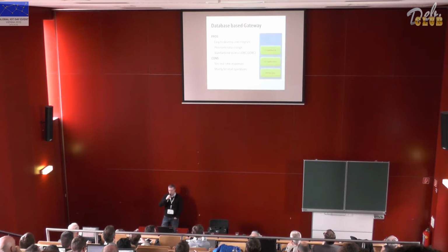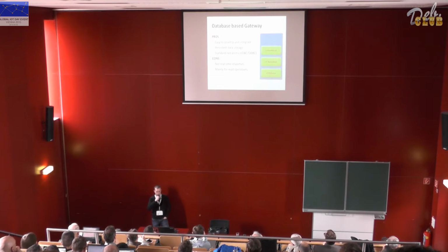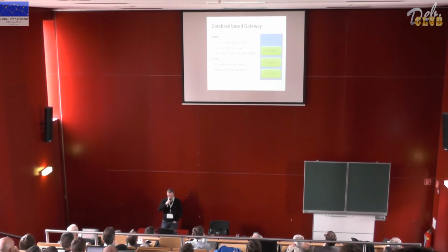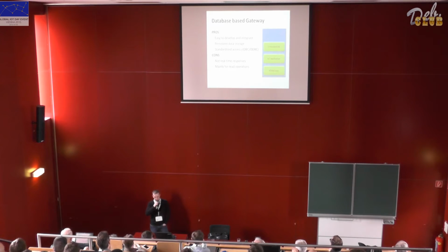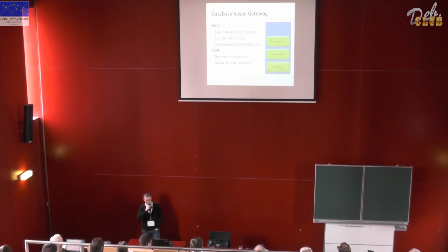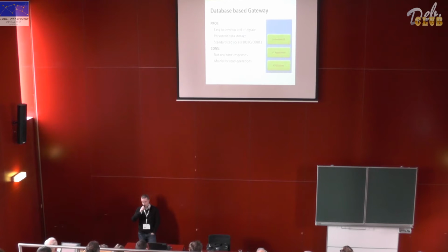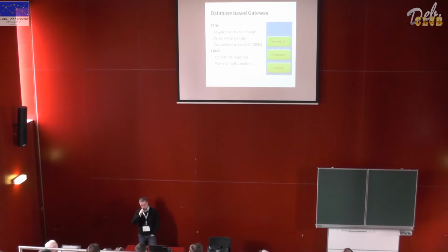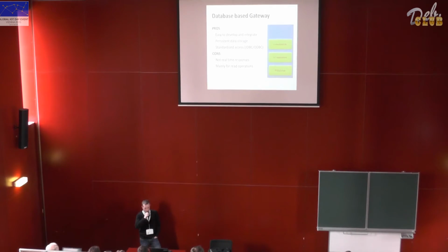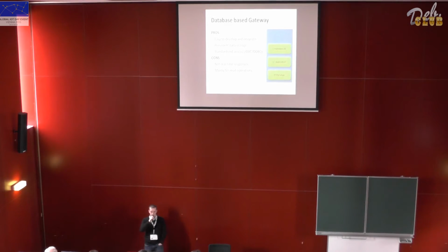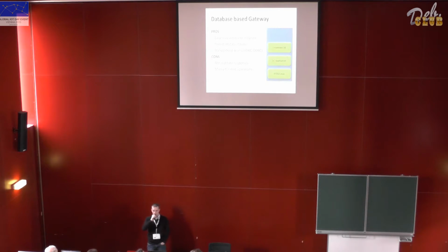It is easy to develop and integrate. It will provide you a persistent data storage in case of whatsoever, and it will provide you a standardized access. But the constraint is that you are using a database, so the responses are not real-time, and it is very difficult to control an entity via the database gateway. It is suited mainly for read operations.